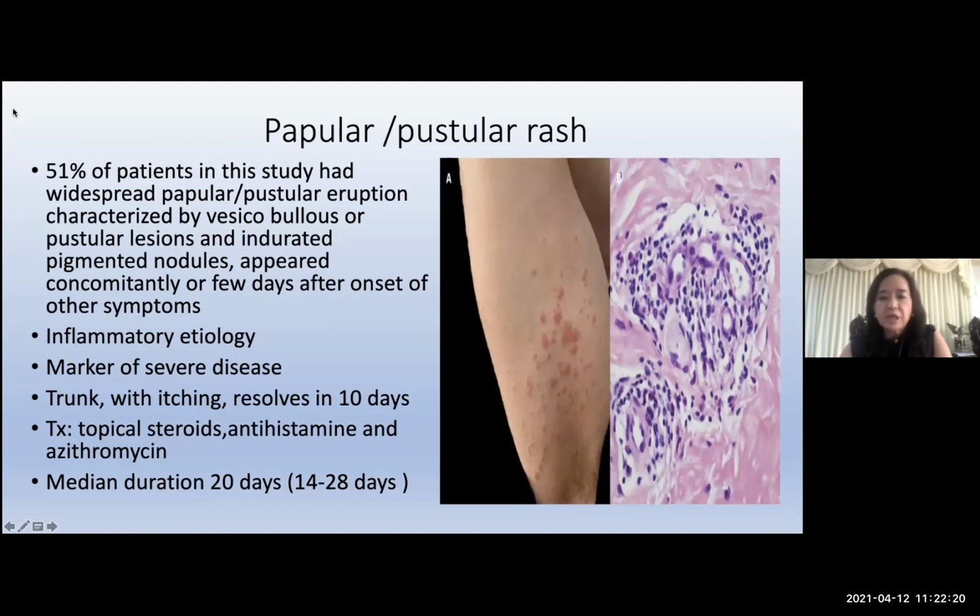The etiology was inflammatory, and it is a marker of severe disease. It happened in the trunk, usually with itching, and resolves in 10 days. Treatment would include topical steroids, antihistamines, and azithromycin. The mean duration of the illness would be about 20 days.